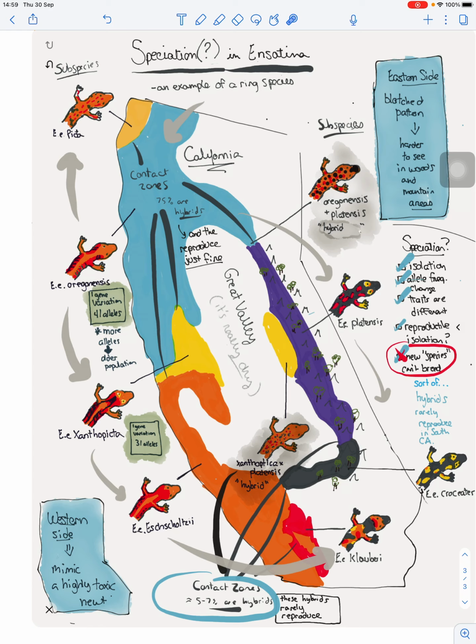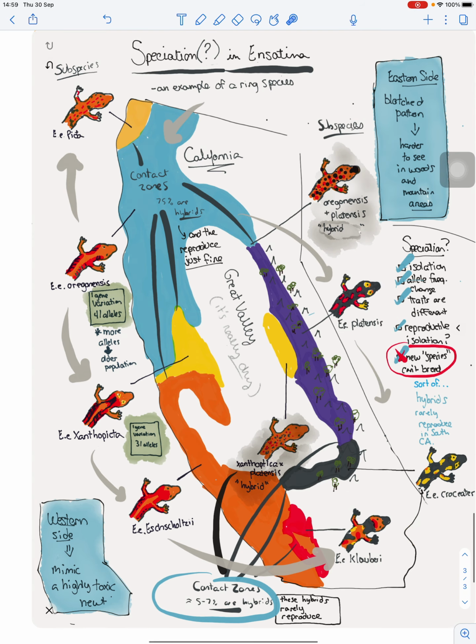So we have some isolation. We have an allele frequency change here. The traits are different. So yeah, these guys are looking different from these. You're getting a different set of traits there. Is there reproductive isolation? Yeah, looking here, it is very possible that there's reproductive isolation there. It seems likely. It's not full isolation yet, but partially.